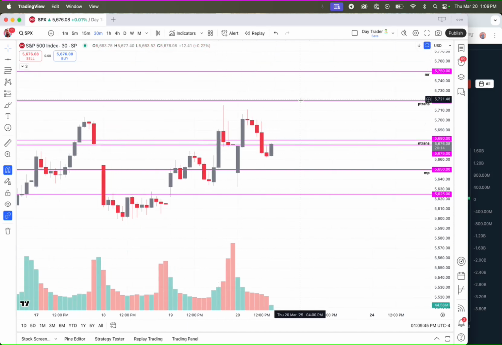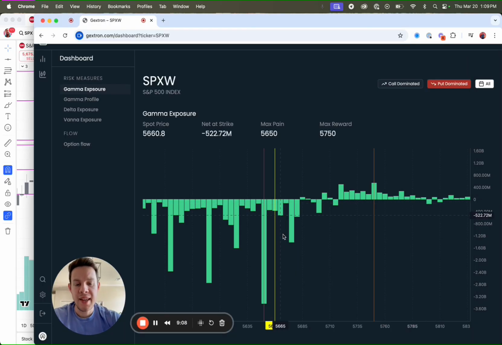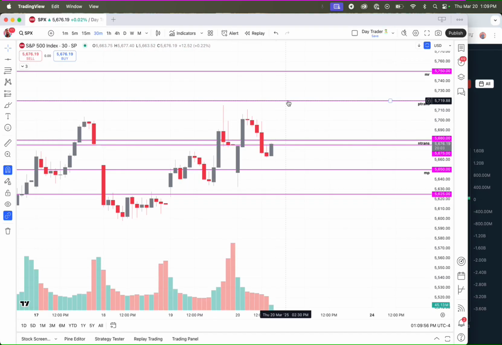You're seeing this, and Gextron is going to update this every 15 minutes and keep you updated. So in case, for whatever reason, something bullish happens and P-trans is now right here, you might want to start changing your thesis from bearish to maybe bullish.